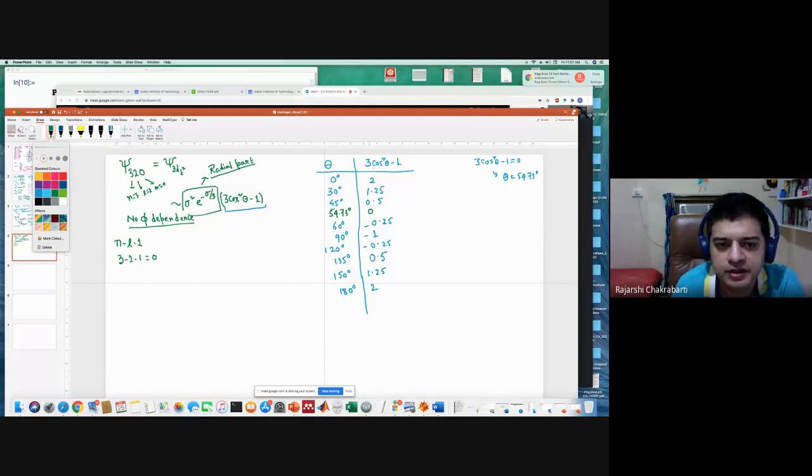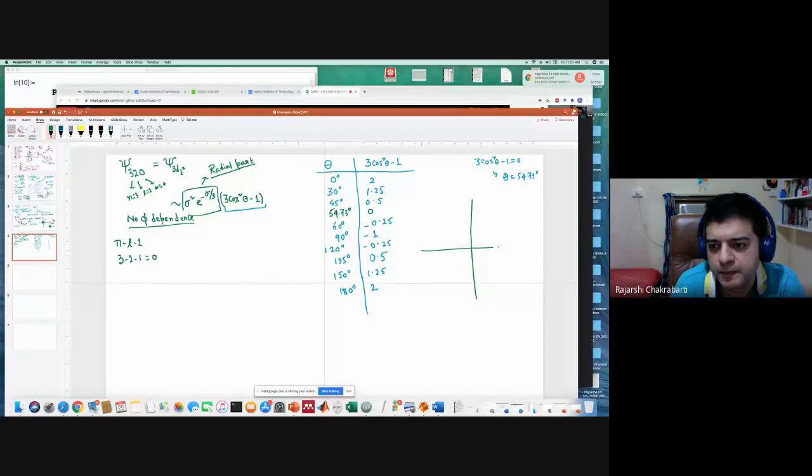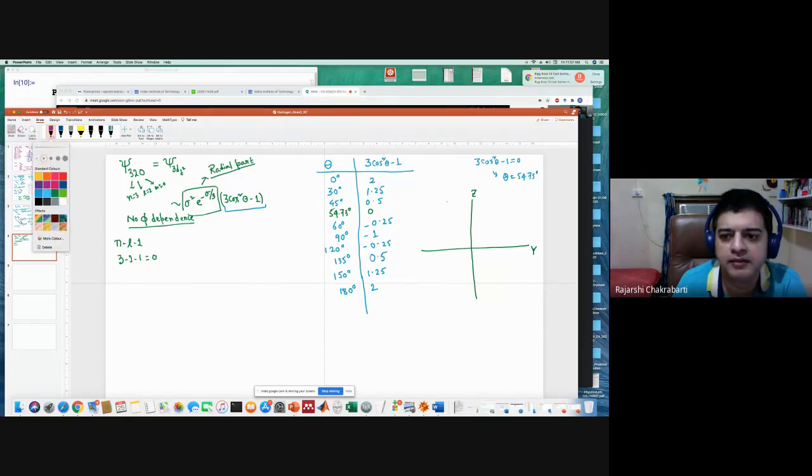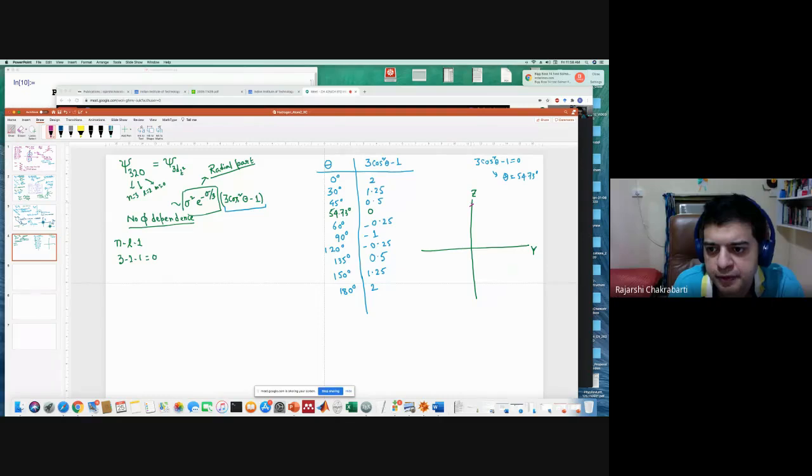So let us now draw this. What is the value at 0 degree? 2. So I put a point, let's use a different color, so that this length from the center is 2. First one.